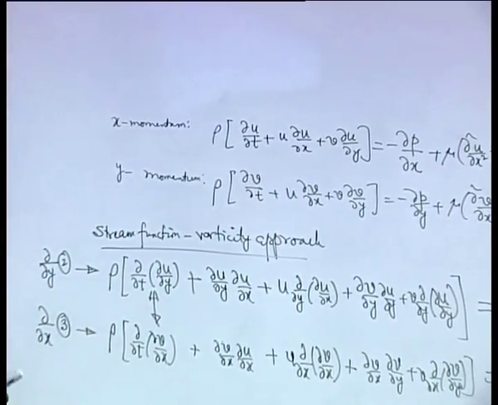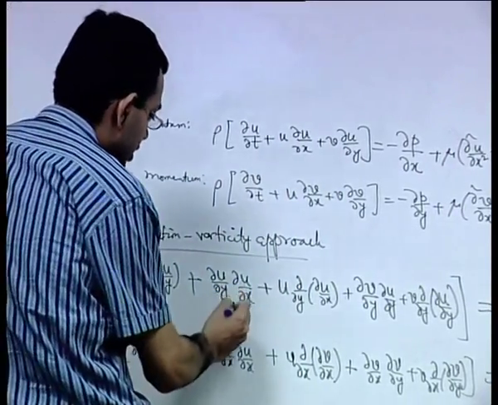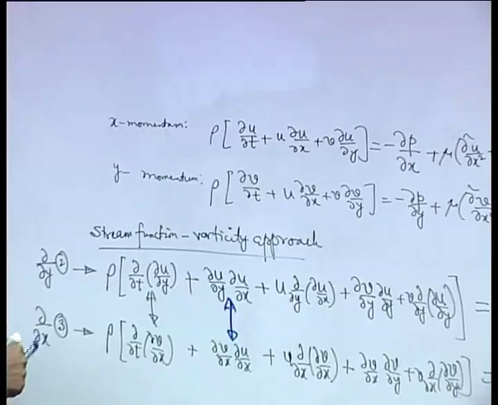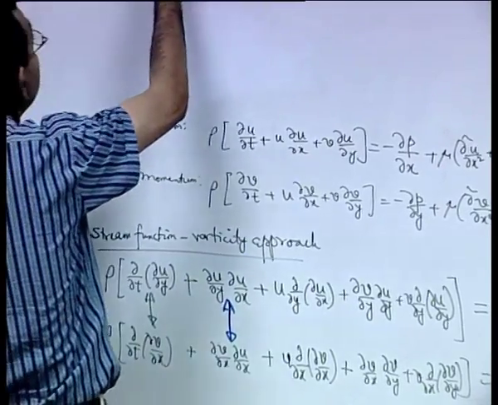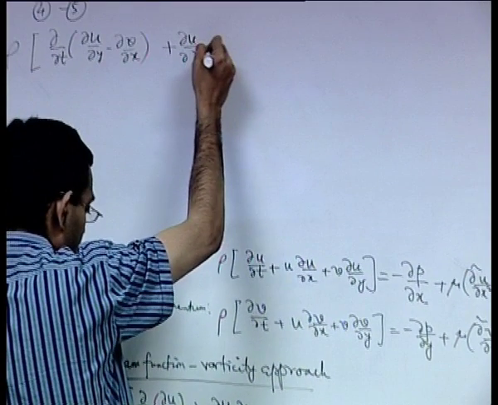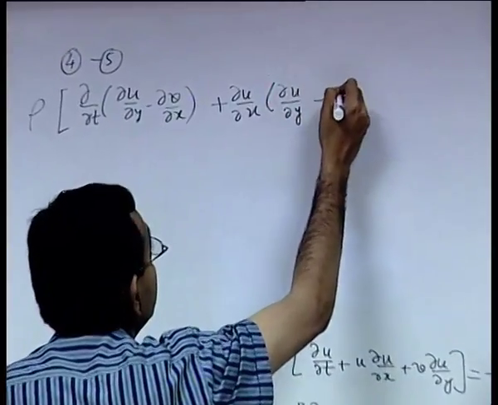Then if you consider these two terms, you can take del u del x common, del u del y minus del v del x.